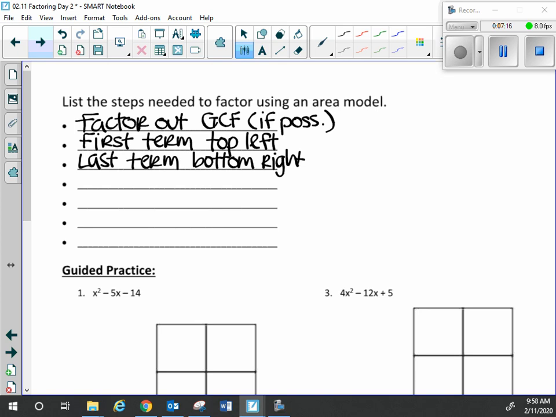What we did first was multiply a times c. Then we used that, looking for factors of a times c that have a sum of which value? B. Very good. Have a sum of b.